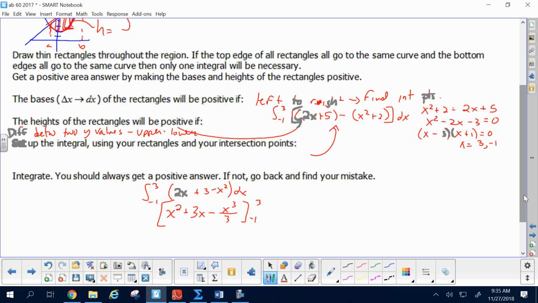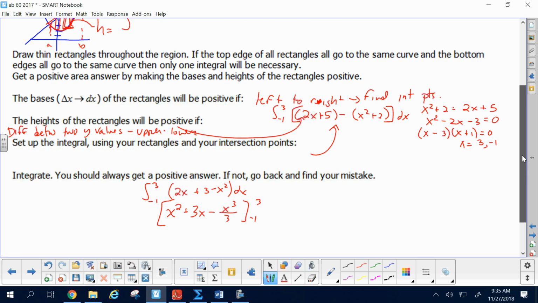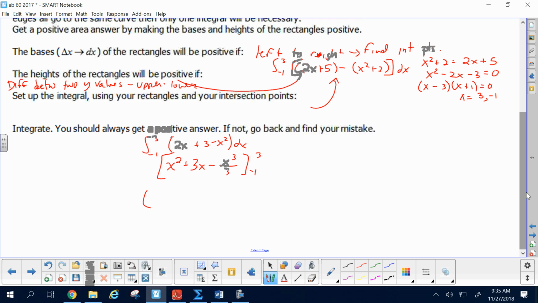That's the first part of the fundamental theorem of calculus. To evaluate a definite integral, you take the antiderivative, and then the second part is evaluate at the upper minus evaluate at the lower. So when I put in 3 first, I get 9 plus 9 minus 27/3. Correct me if you disagree. Negative 1 evaluated is 1 minus 3 plus 1/3.